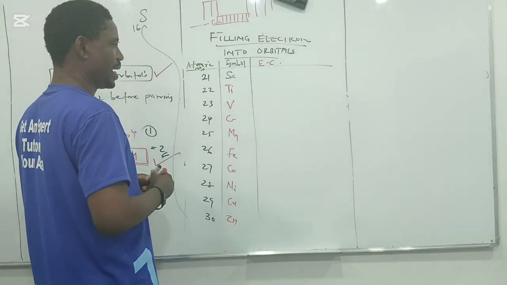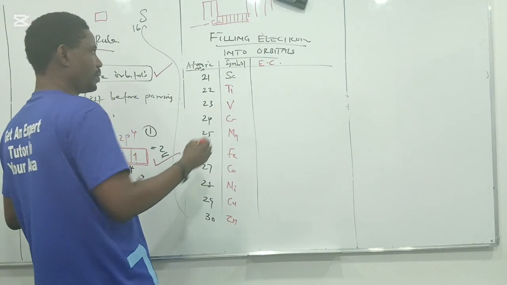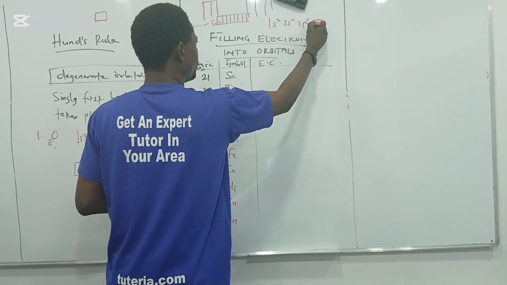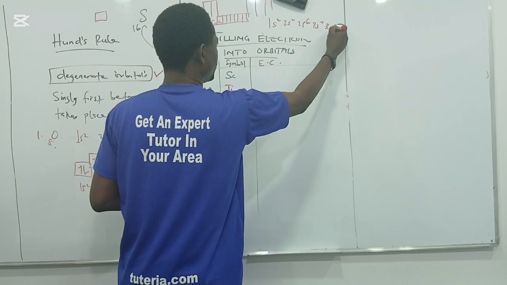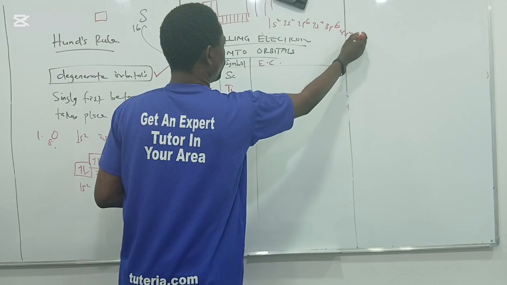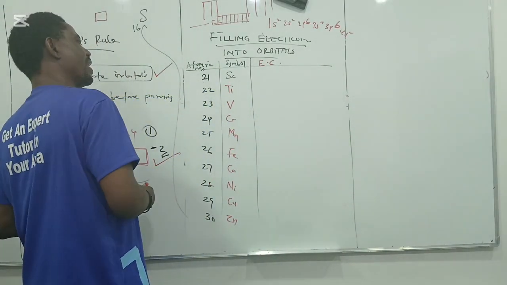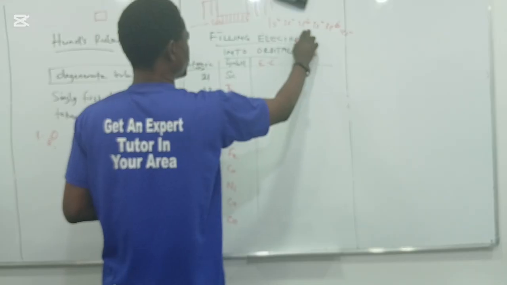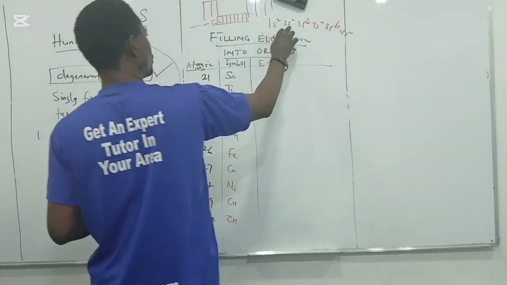All right, scandium is number 21. Remember we say 1s2, 2s2, 2p6, 3s2, 3p6, 4s2. For calcium, 2, 8, 8, 2. Okay, 1s2, 2s2, 2p6, 3s2, 3p6, and 4s2, 2882.